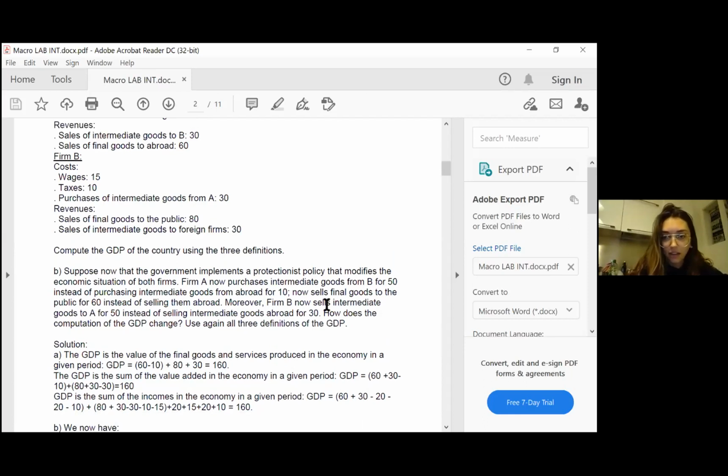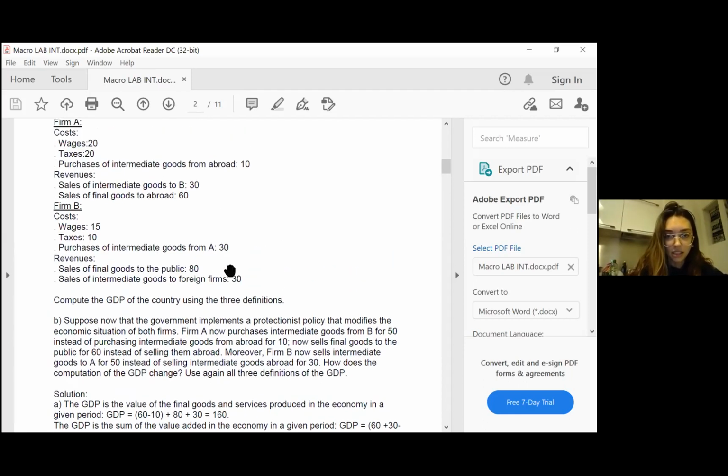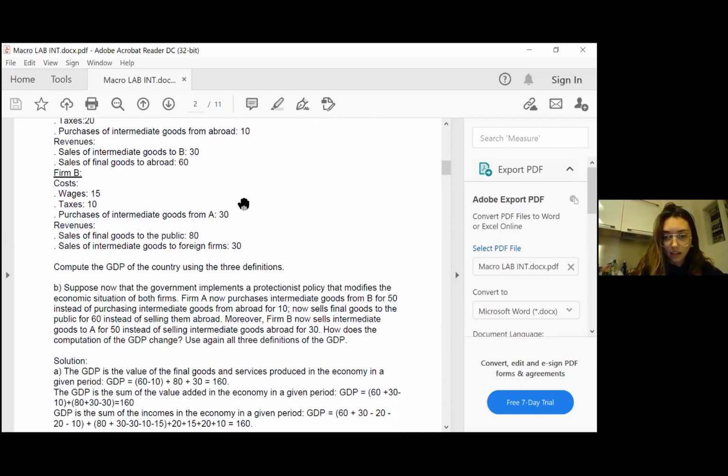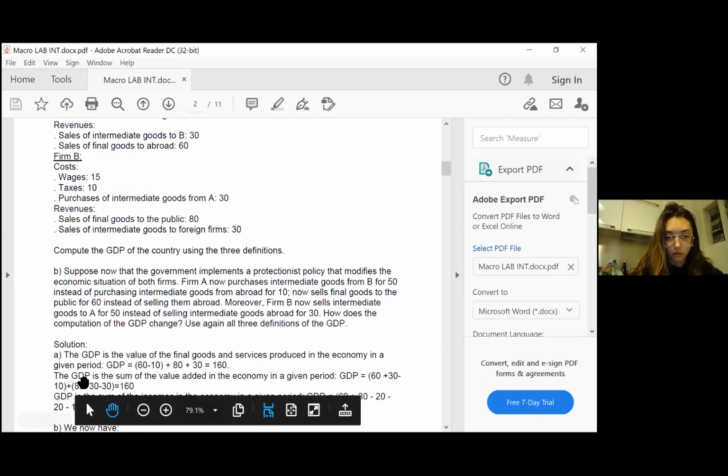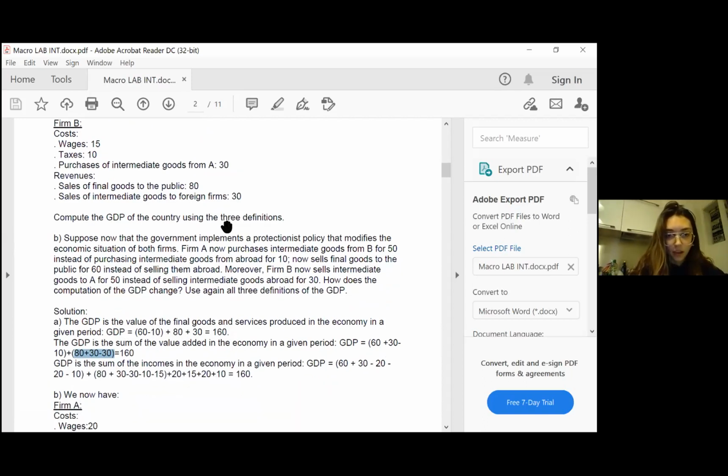Their value added is going to be the 60 here plus 30 here minus the 10 of their purchases from abroad. And then you add the value added of firm B, that is 80 plus 30 minus 30. So 80 plus 30 of sales minus the 30 of purchases. Great.